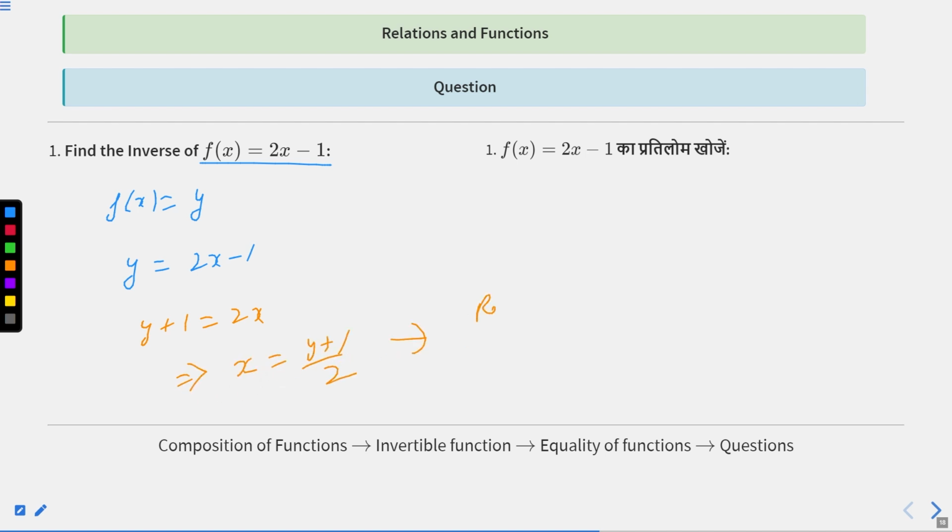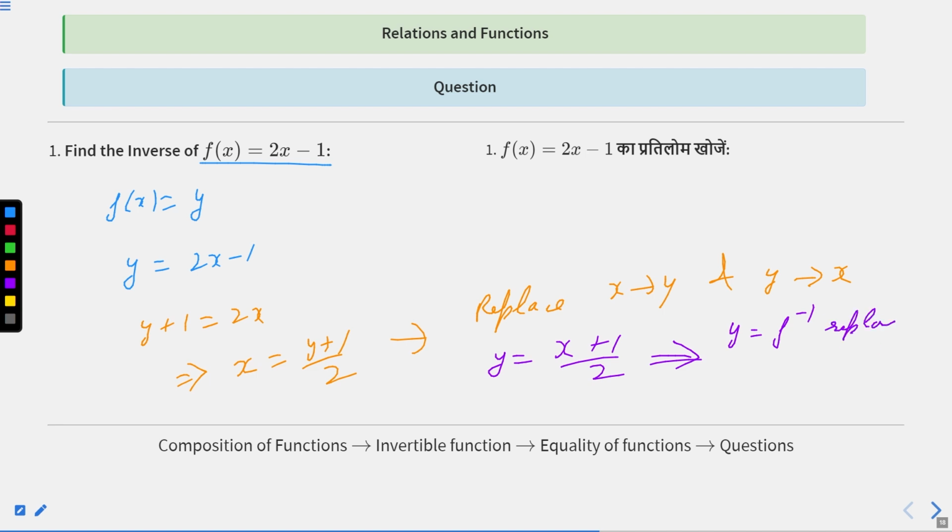Now replace x by y and y by x. You will get y is equal to (x plus 1) by 2, and now just replace y by f inverse of x. You will get f inverse of x is equal to (x plus 1) by 2.